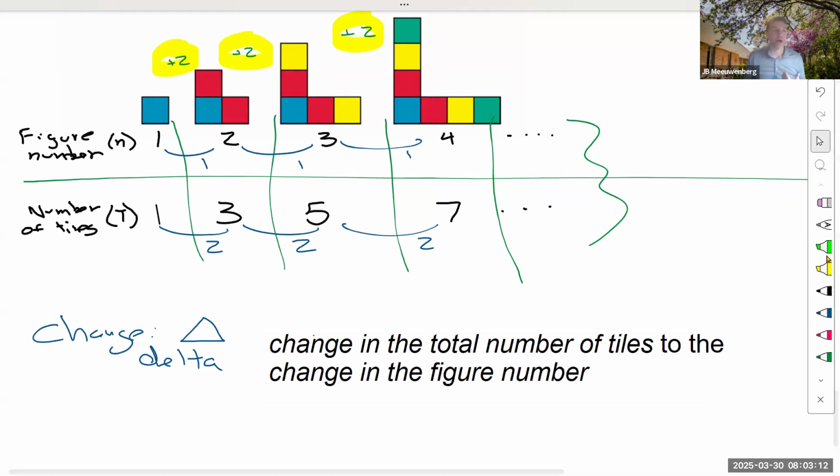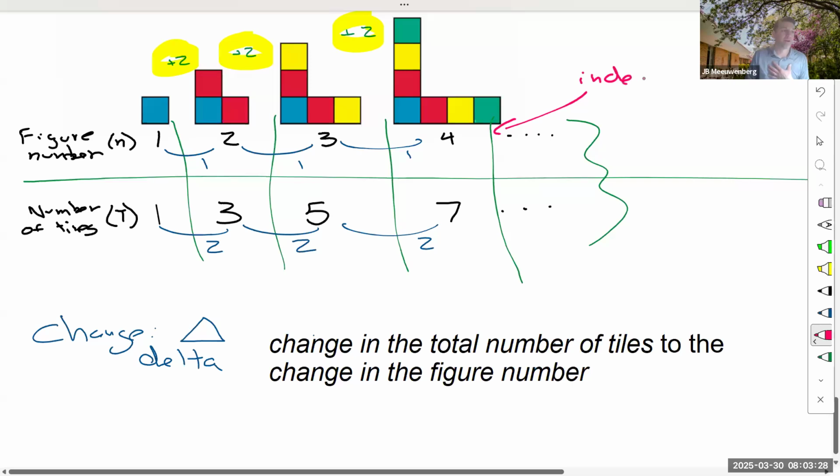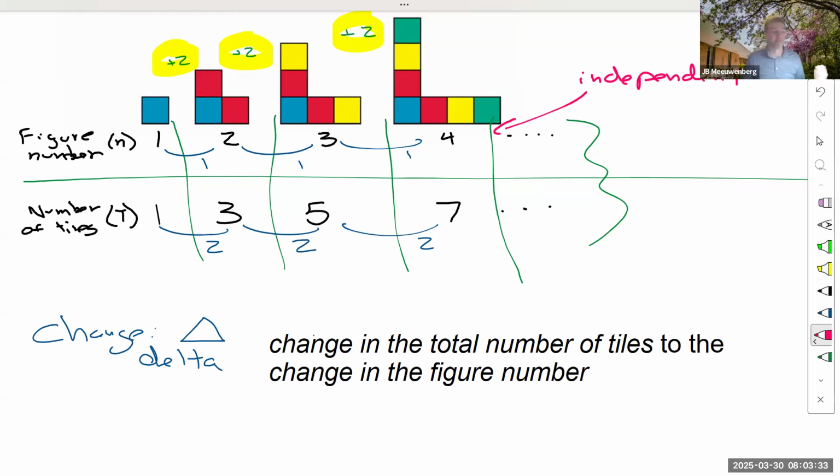In the previous video, I introduced the idea of independent and dependent variables. In this particular situation, the figure number is our independent variable, independent because it's just the number of the figure. The number of tiles is our dependent variable, because the number of tiles depends on which figure we are talking about.